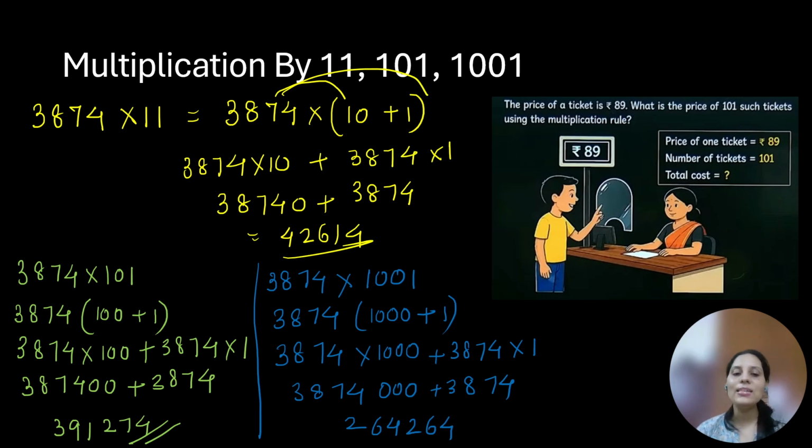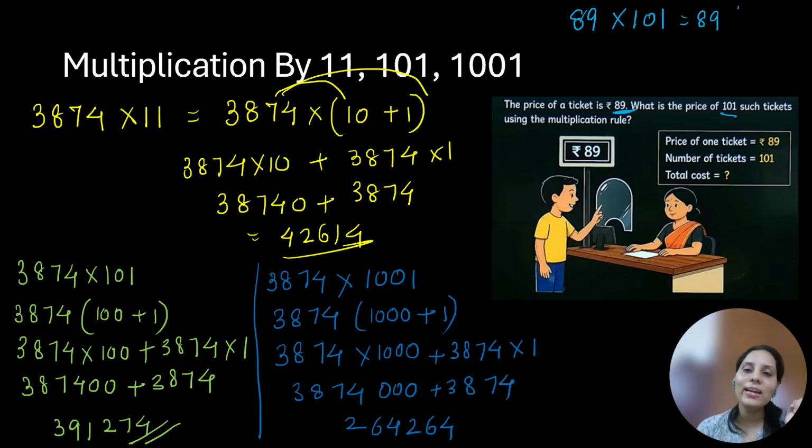Yes. Now let us see this one question over here. The price of the ticket is 89. What is the price of 101 such tickets? One ticket is 89. So 89 into 101.